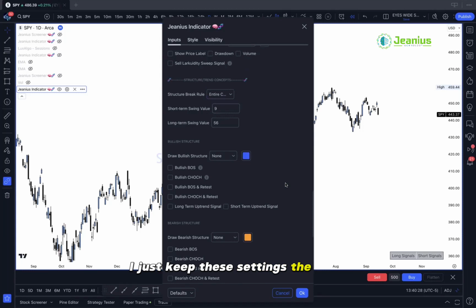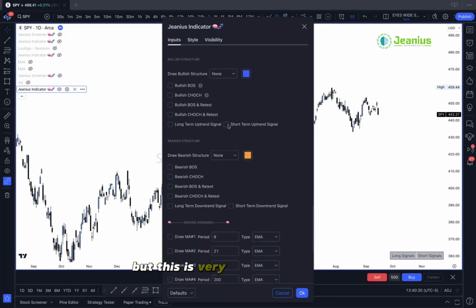I just keep these settings the same, but this is very important because if you're a trend trader, but you're also a confluence trader, and let's say you want to only see signals that are in alignment with the full trend, so you don't want to trade against the long-term trend. You want to trade with the long-term trend and the short-term trend.